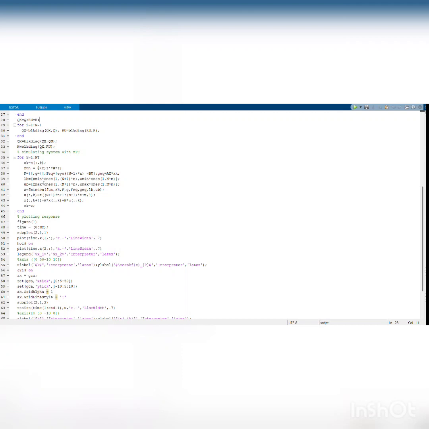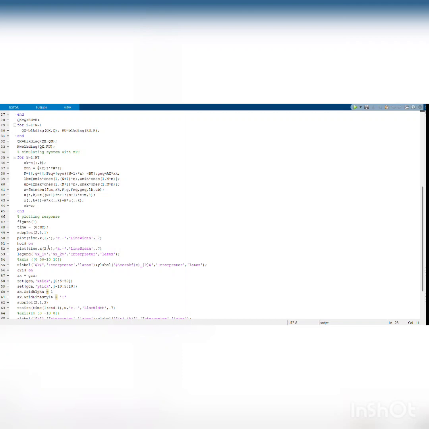By using those two, we will minimize z, and the function we use is fmincon. Here the function and xk will give the input, and it will give the output in the z variable. And next we will have uk and xk, and at last zk is equal to z.